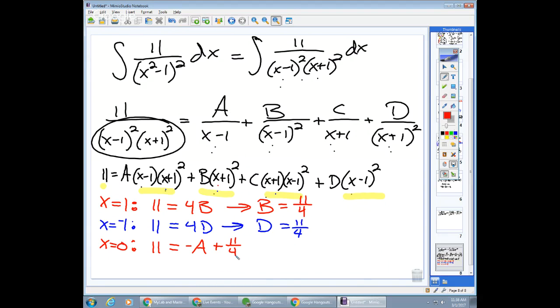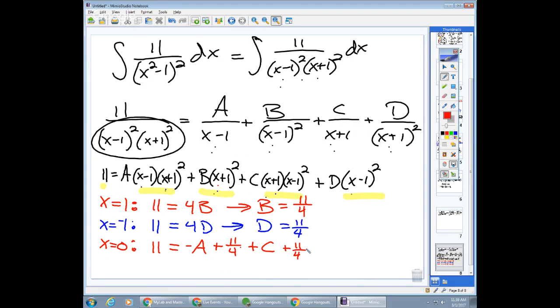And then let's see what's happening with C here. C gets to be 1 times -1 squared. So I'm just going to get a plus C. Is that right? I think so. And D, 0 minus 1 squared, is just D, which is 11/4. So cleaning that up a little bit, 11/4 plus 11/4 is 22/4, or 11/2.